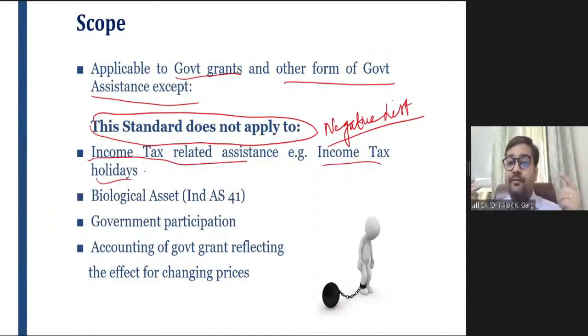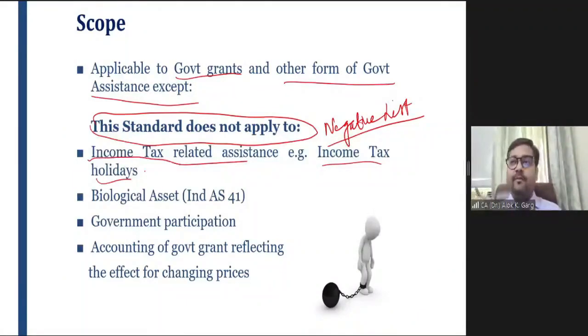So sir, if income tax related assistance is not covered here, then where will it be covered? It will be covered under Ind AS 12, the income taxes standard. Whatever income tax benefit is provided by the government will be treated under Ind AS 12, not under Ind AS 20.